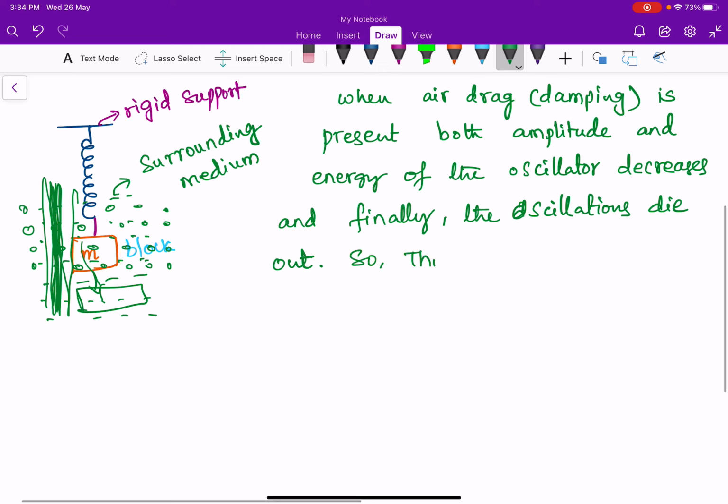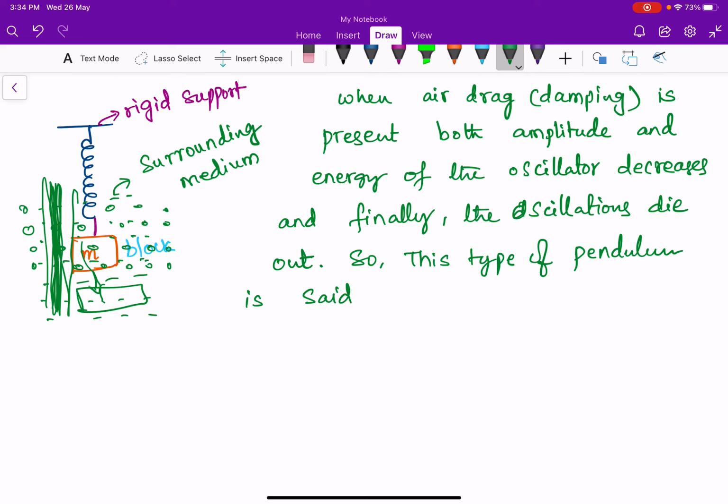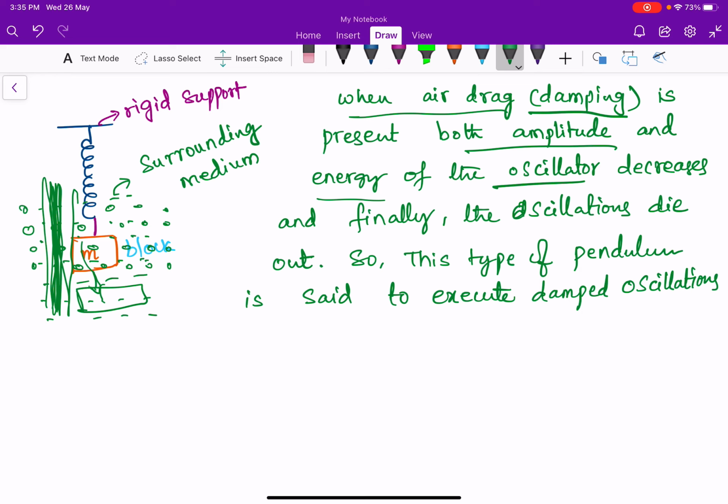This type of pendulum is said to execute damped oscillations.